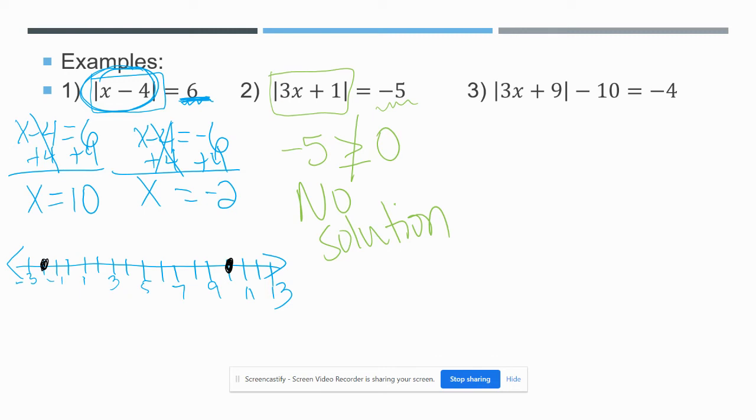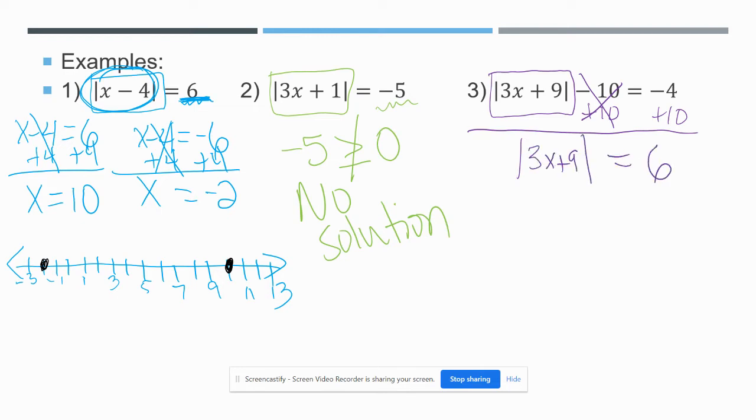Number 3. Now I see that it's equal to negative 4, but here's our absolute value equation, and there's a minus 10 touching it. So our first step is to move that 10 over. We're going to add 10 to the other side. So we have the absolute value of 3x plus 9 is equal to 6.